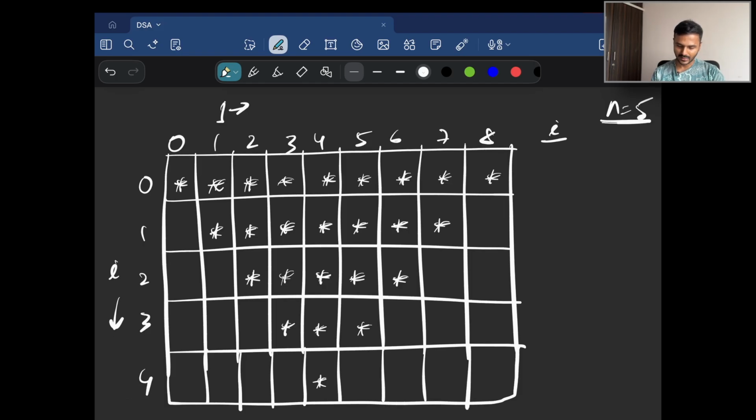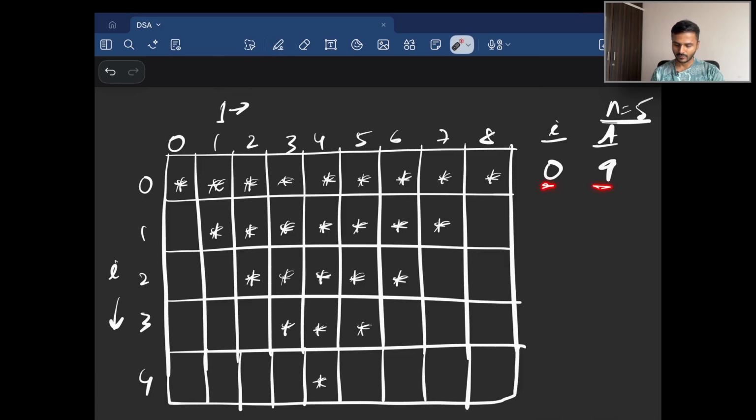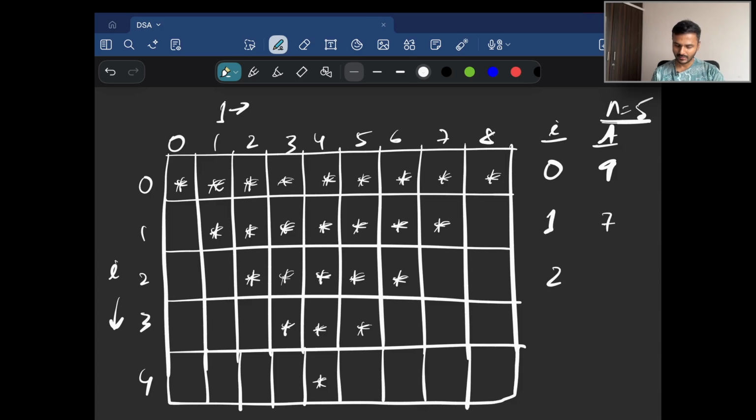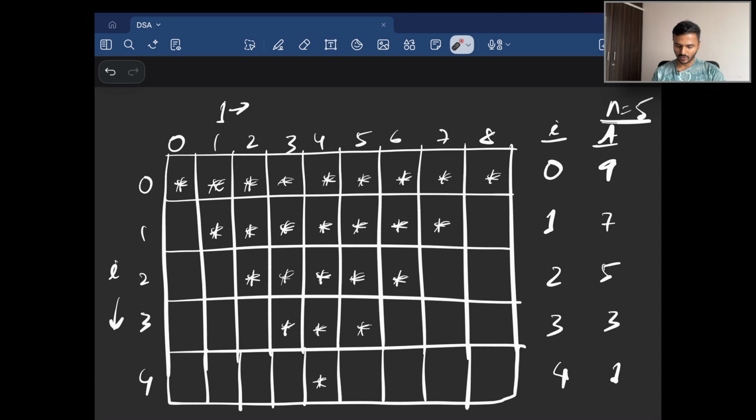That is the number of asterisks in a given row. So for that, let's take a look at the row number and the number of asterisks that we are printing. When i is 0, we're printing 9 asterisks. When i is 1, we're printing 7. For 2, printing 5. For 3, 3. And for 4, we're printing 1, right? So if you start from the last row, you would see the last row has got 1, which would be the case irrespective of the value of n.